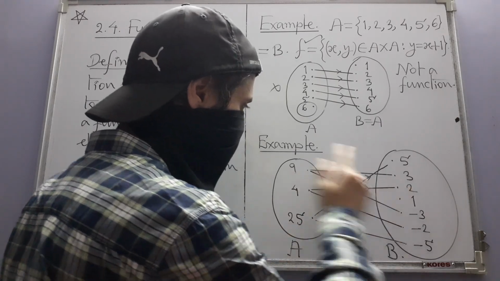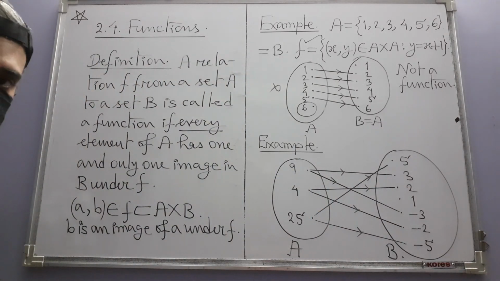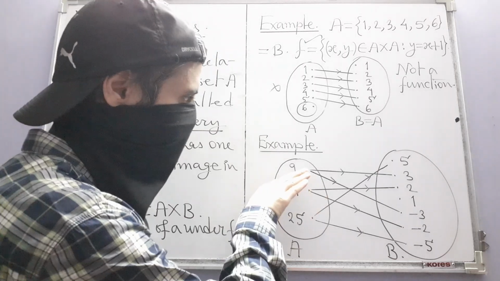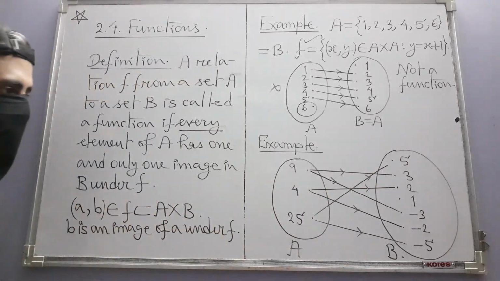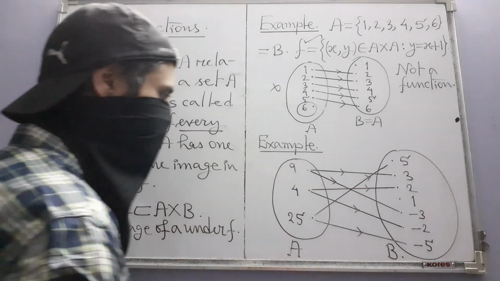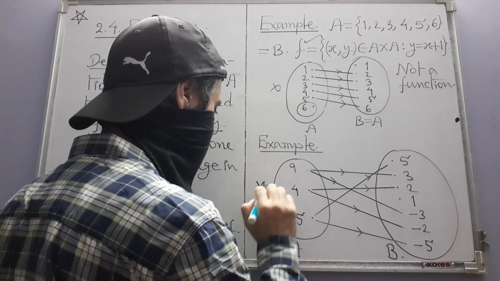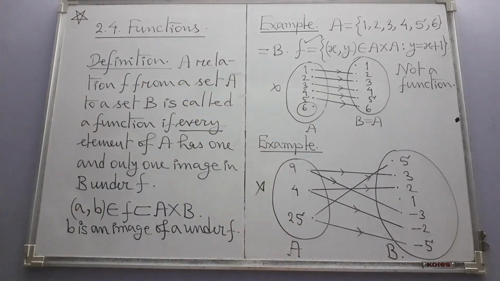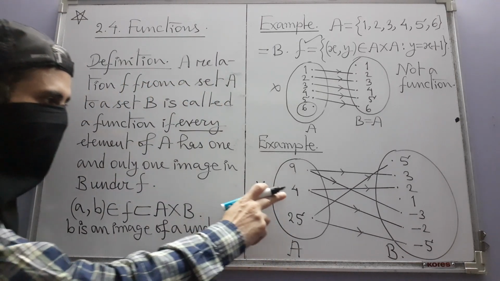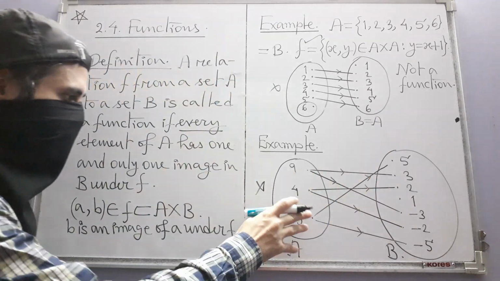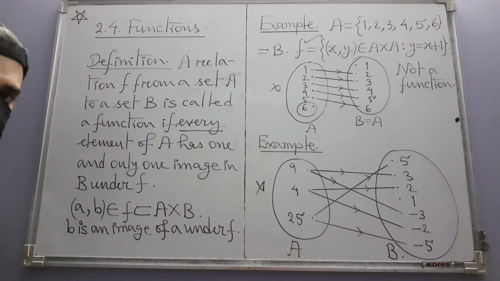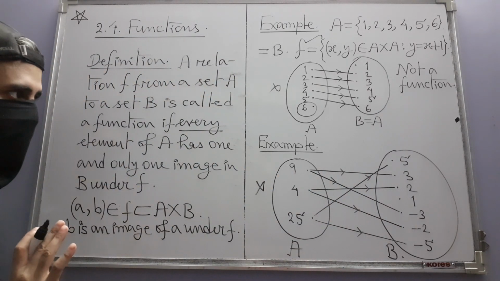But the elements do not have a unique image. There is more than one image for each element of A. So this is also not a function, but because of a different reason. Uniqueness of image is not present here. Okay, so that is the requirement.